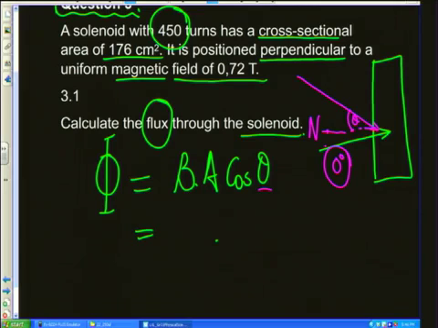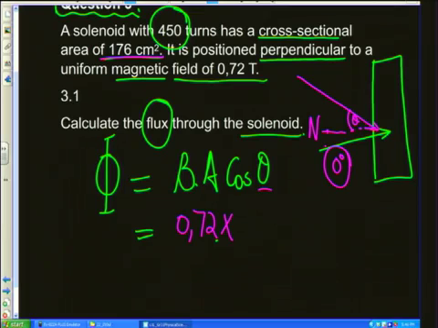Now let's calculate for phi, the magnetic flux. The magnetic field strength is 0.72 times the area, which is given to us as 176 square centimeters.